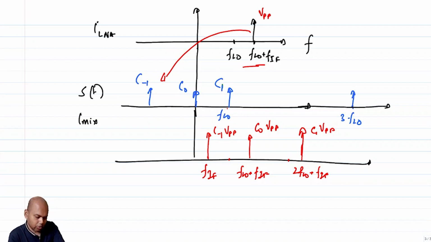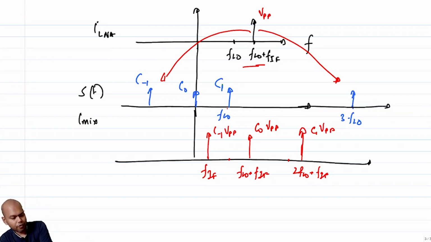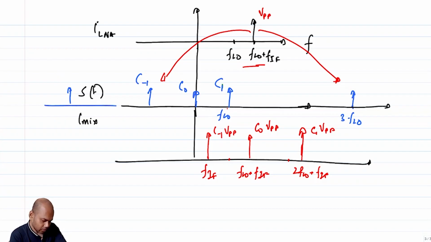Similarly, it's also going to convolve with 3 F_LO and create a tone at 4 F_LO plus F_IF, which is way out of the picture. And it is going to create another tone, since I have this negative 3 F_LO here, at F_LO plus F_IF minus 3 F_LO, which is negative 2 F_LO plus F_IF.